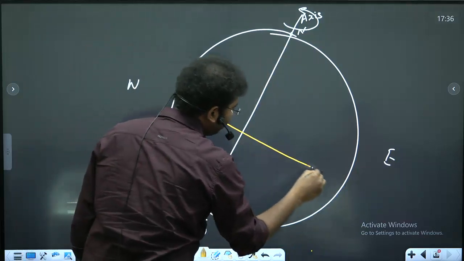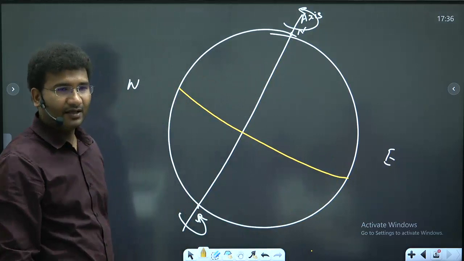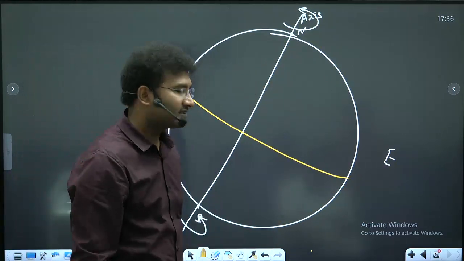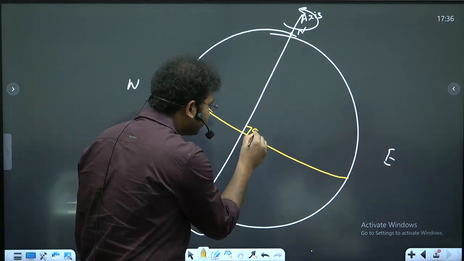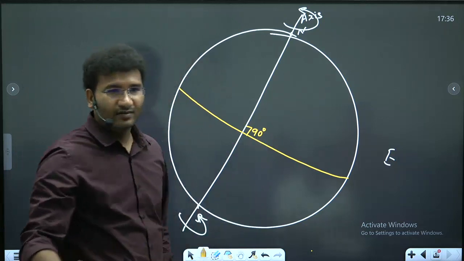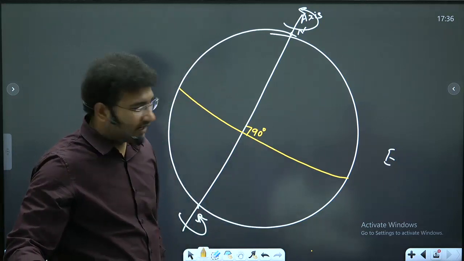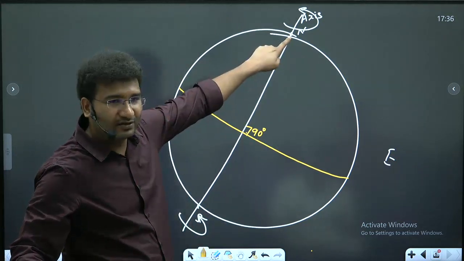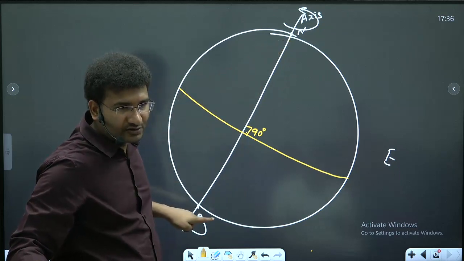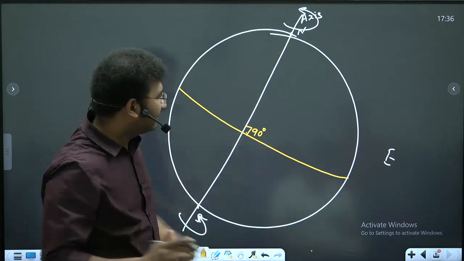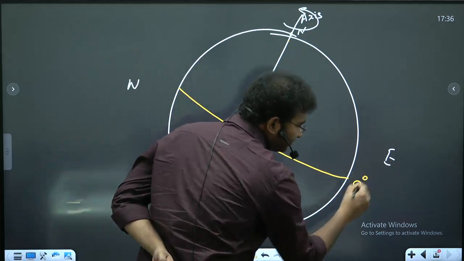Now see here, if this is the axis, I am making an equator. Equator is a line which makes 90 degrees with the axis, and it also makes 90 degrees with the North Pole and 90 degrees with the South Pole. Now the equator is nothing but 0 degrees latitude.